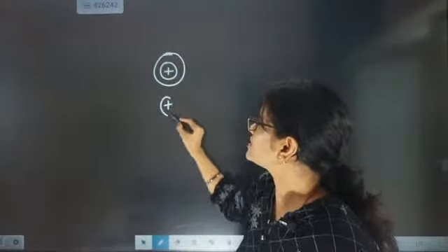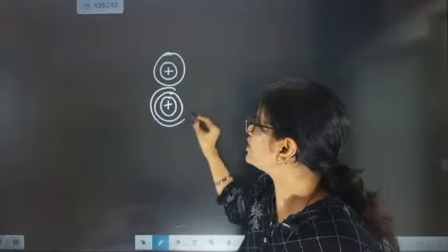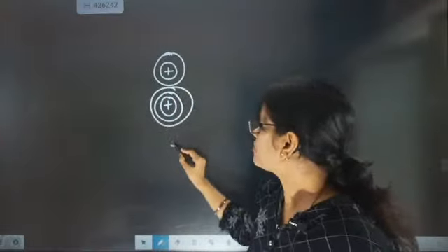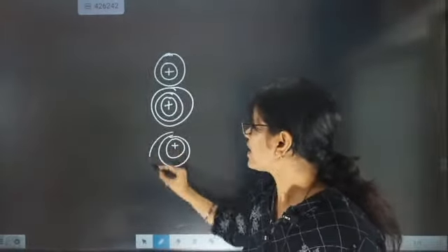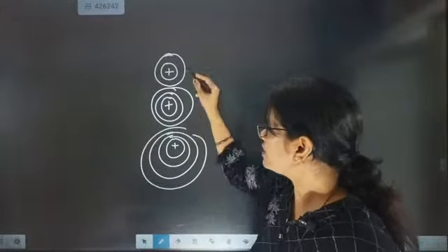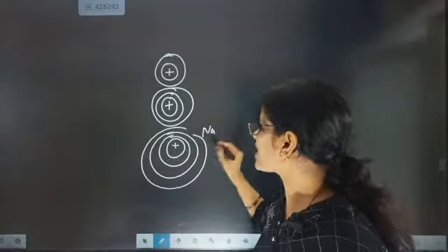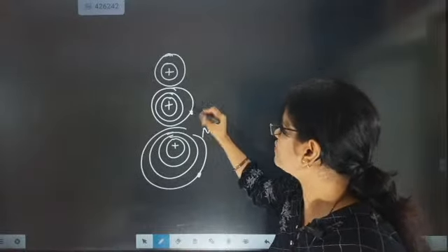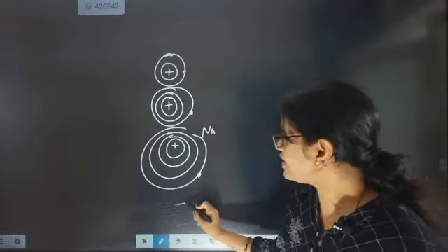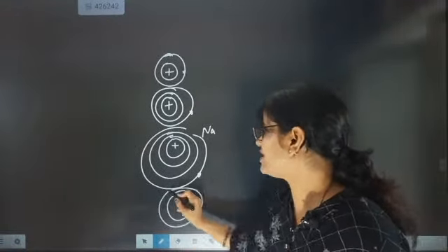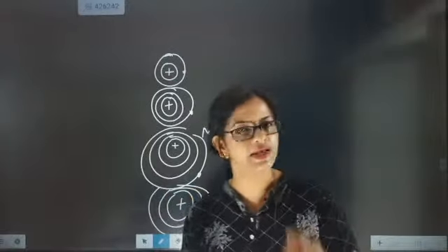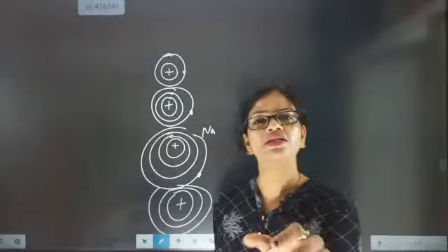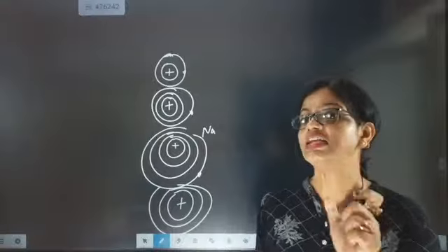Lithium has 2 orbits, so here 2 shells. Then sodium has 3 orbits. In the electronic configuration, the outermost orbit will have only 1 electron, but every time 1 new orbit is added. So what happens here is the shielding effect or screening effect.